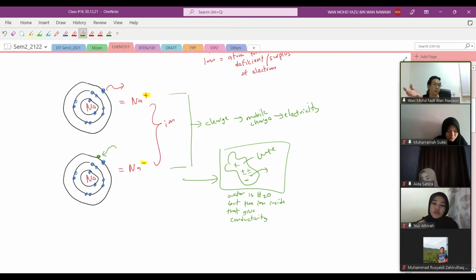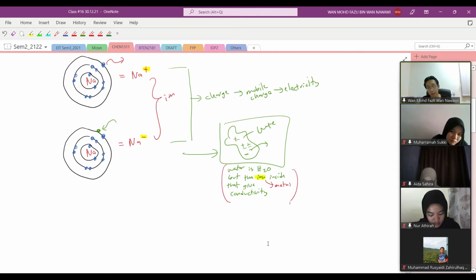You might argue that the water is still H2O, but the ion inside is a metal ion. That's why the water can conduct electricity. You might argue like this, but still there are some non-metals that can conduct electricity.